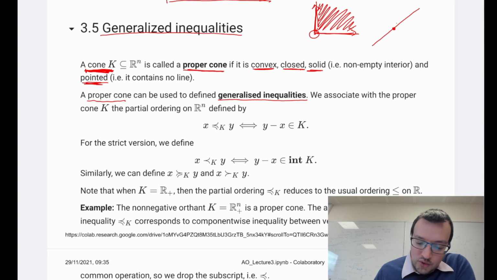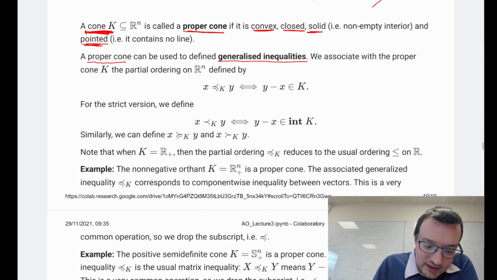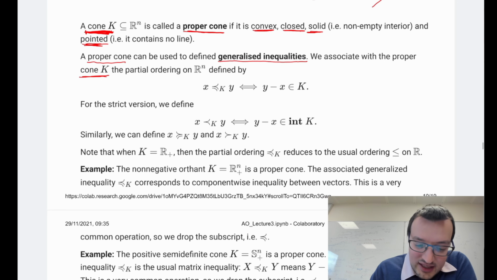So if we have a cone K, we can associate a partial ordering on the real vectors, which is defined in the following way: x is less or equal than y with respect to the proper cone K, if and only if y minus x belongs to the cone.